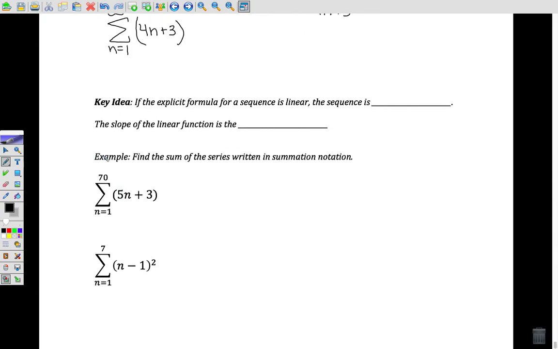One key idea to remember here is if the explicit formula for a sequence is linear, like y equals mx plus b, that's what this form is in, the sequence is arithmetic. And the slope of the linear function is the common difference.